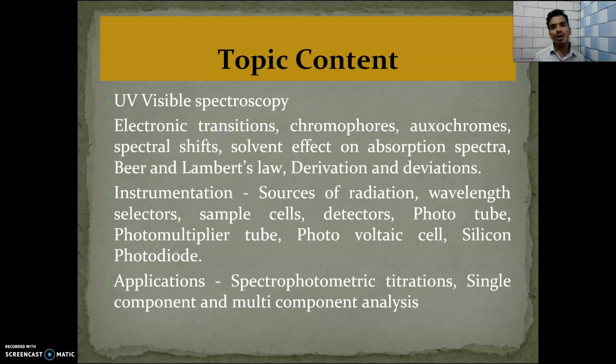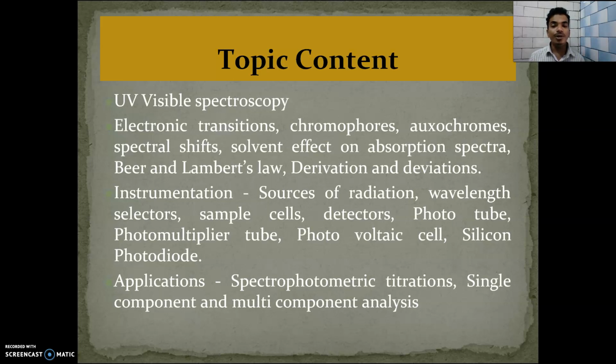Then we want to know what specific topics it contains. UV visible spectroscopy contains electronic transitions, chromophores, auxochromes, spectral shifts, solvent effect on absorption spectra, then Beer's and Lambert's law, derivation and deviation.